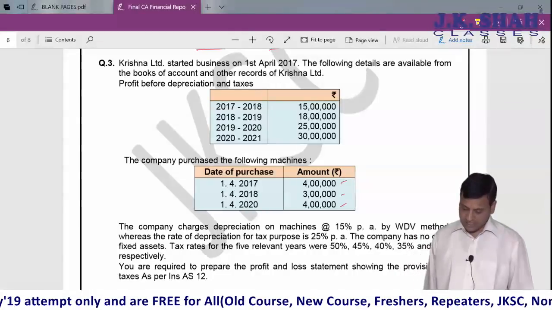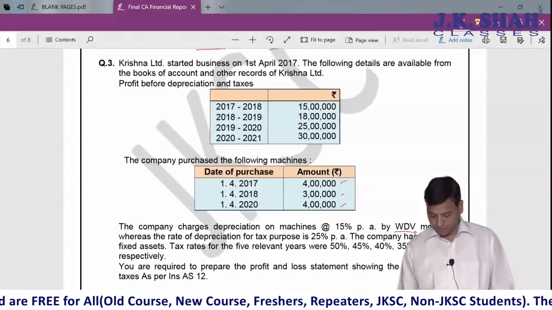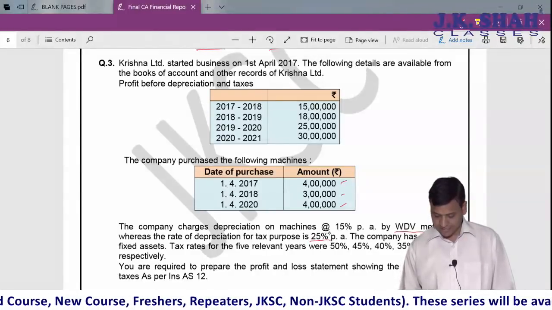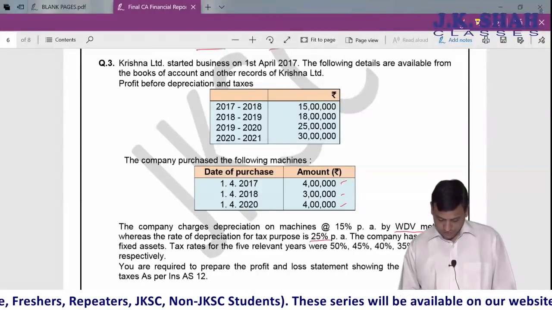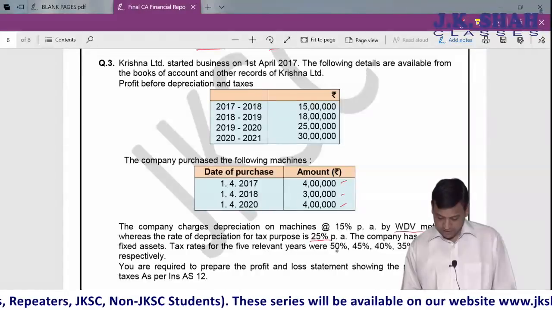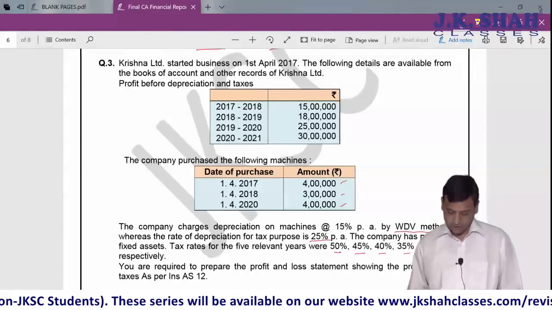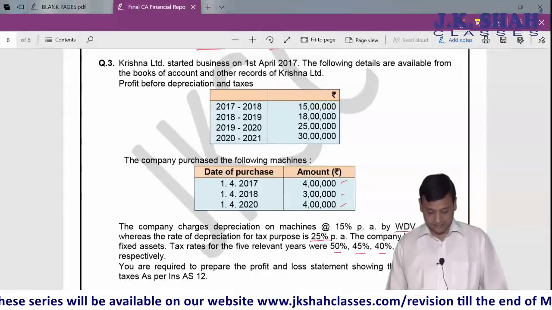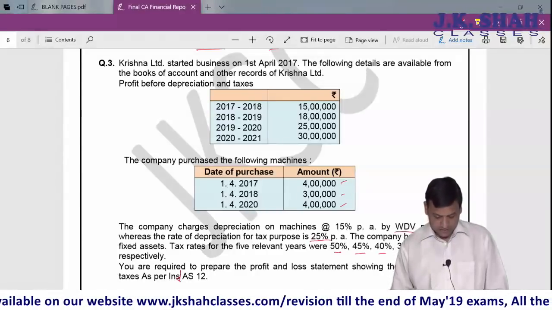The company charges depreciation on machines at 15% per annum by WDV method, whereas the rate of depreciation for tax purposes is 25%. The company has no other fixed asset. Tax rates for the 5 relevant years are 50, 45, 40, 35, 35 respectively. You are required to prepare a profit and loss statement showing the provision for tax as per IND AS 12.